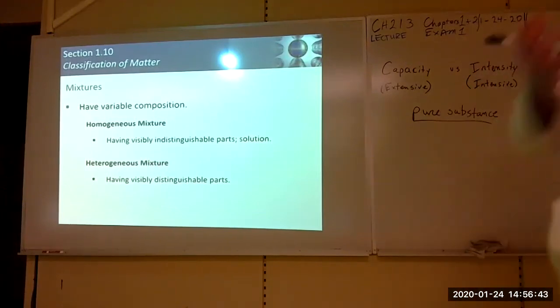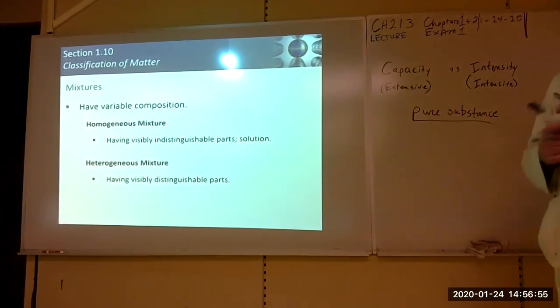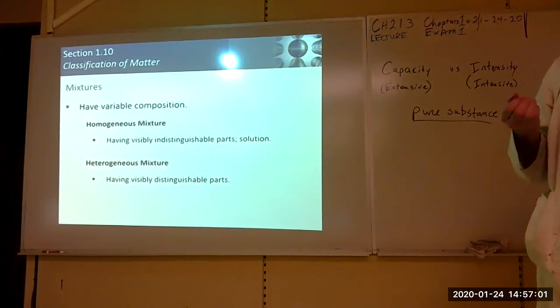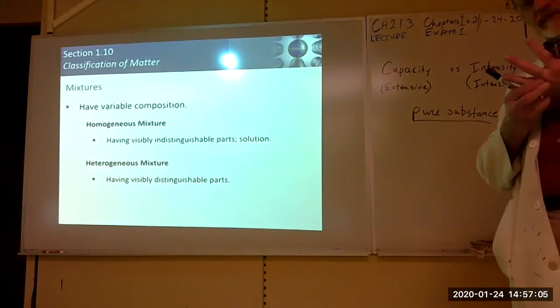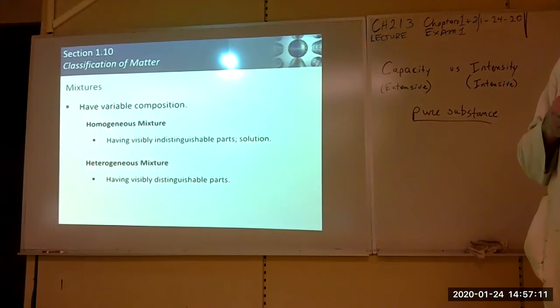Now, if you take two or more pure substances and mix them together, you could end up with either a homogeneous mixture or a heterogeneous mixture. The difference is, a homogeneous mixture is, no matter where you sample your mixture, it's got the same composition of pure substances. So, my 14-karat gold ring has other base metals in it, usually maybe some silver, copper.